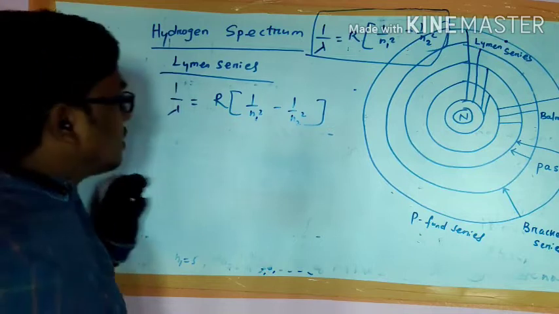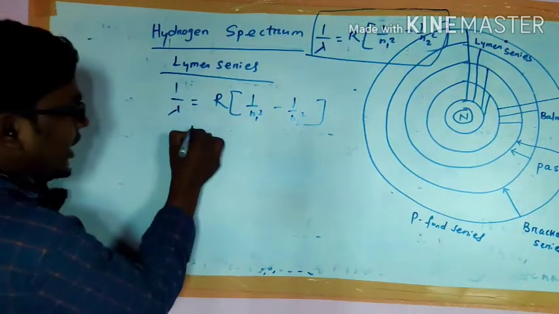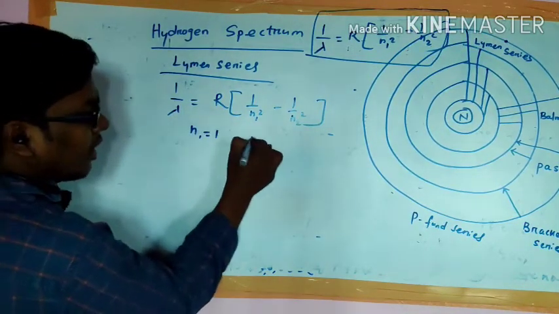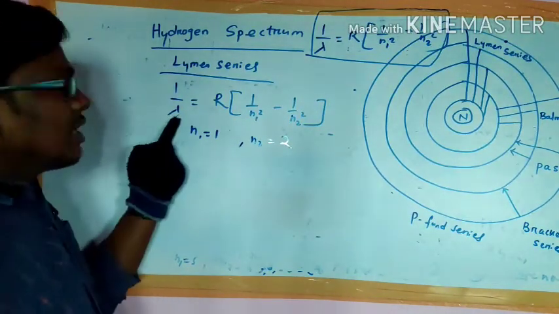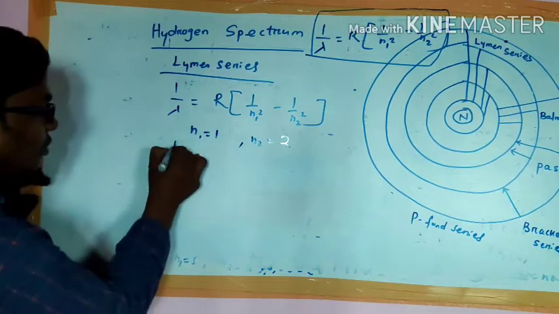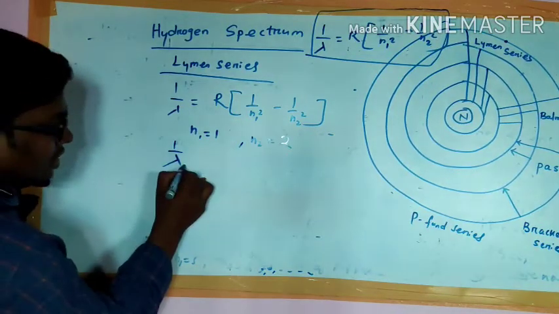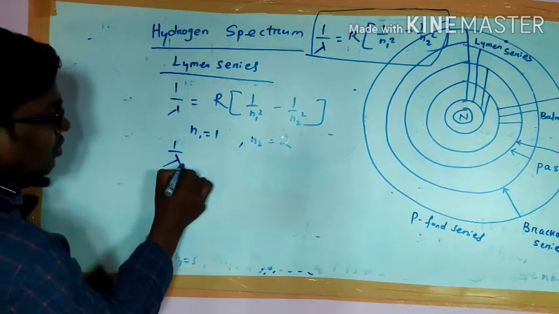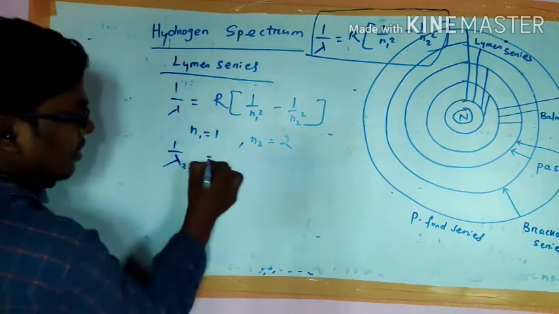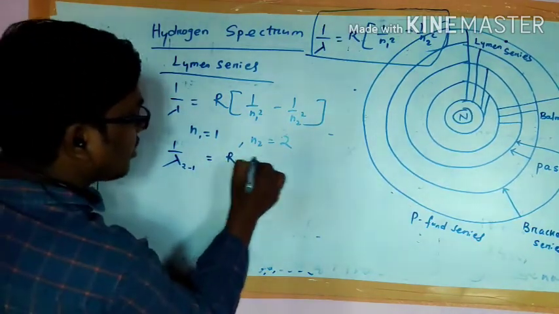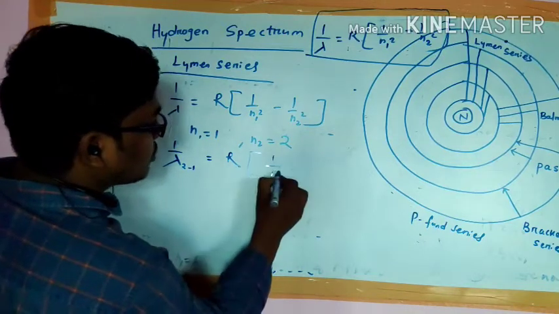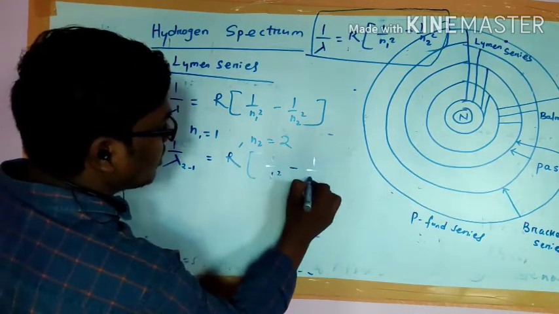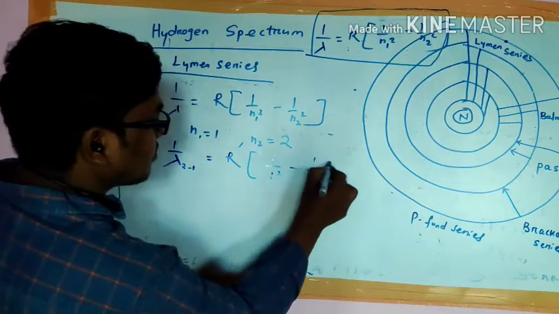Suppose N1 is 1 and N2 is 2. Then what is the wavelength value? For the transition 2 to 1, 1 by lambda is equal to R into 1 by 1 square minus 1 by 2 square.